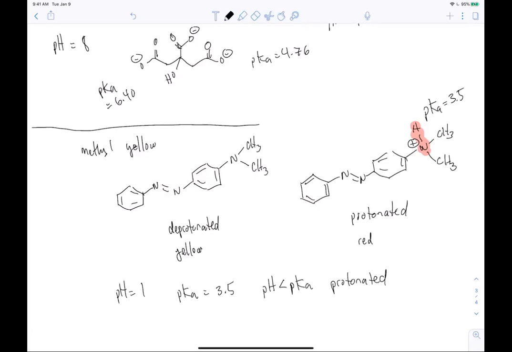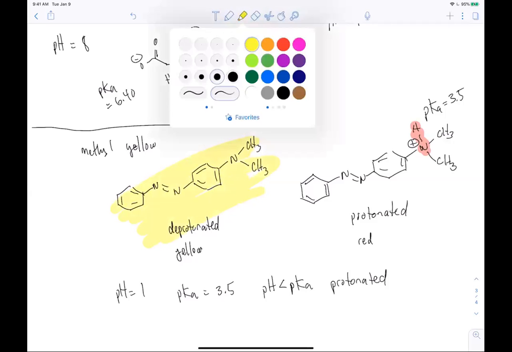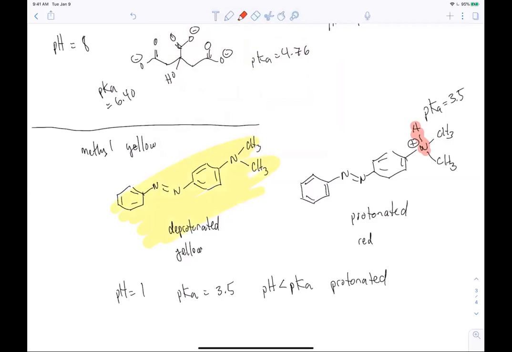Exactly, protonated. So what color is the solution going to be? It's going to be yellow. So when it's deprotonated, it's yellow. And when it's protonated, coincidentally, it's the same red I used for acid.